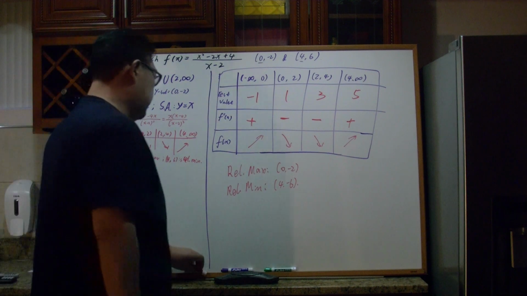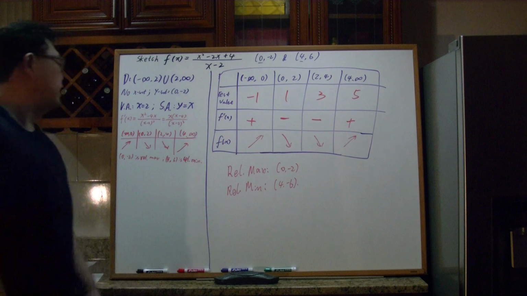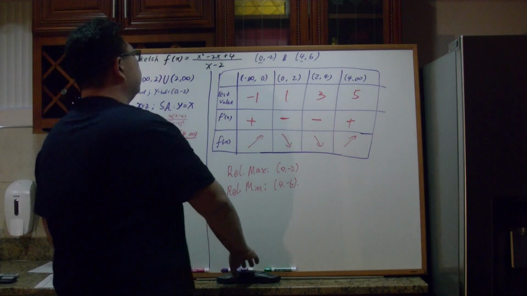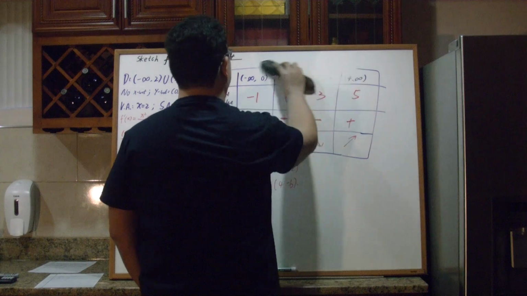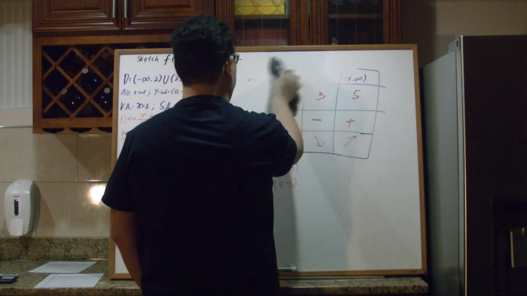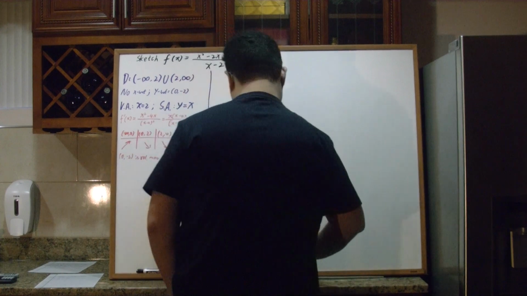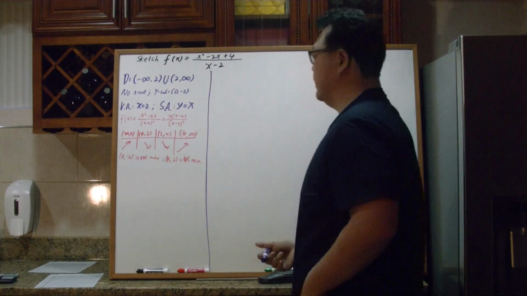Then the interval is not necessary to explain, you just write out the graph or the table, that will be good enough. Right, that's the increase-decrease interval.